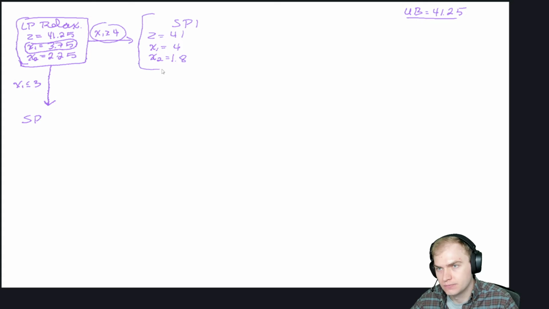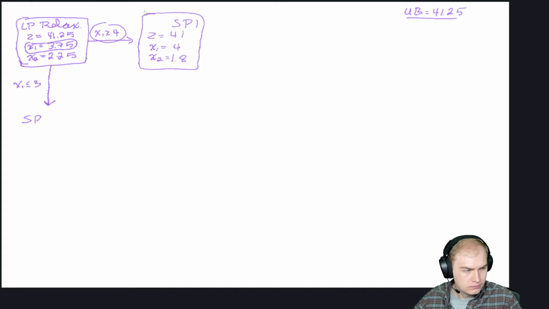So problem 1. Well, we have an integer. X1 is now an integer, just like we wanted. But X2 is still not an integer. It's still a decimal. So we need to branch again.